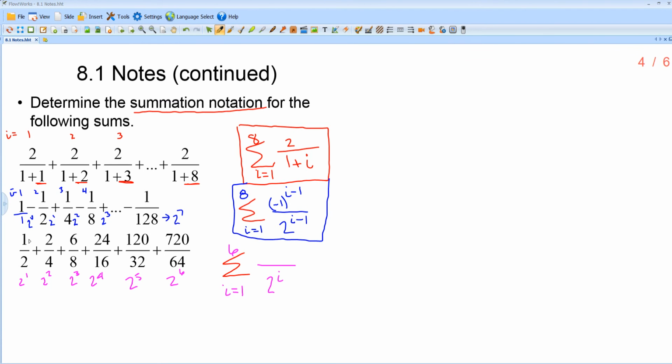So 1 is 1 factorial. 2 is 2 factorial. 6 is 3 factorial, because in 3 factorial, what I'm doing is 3 times 2 times 1, which is 6. Now this is 4 factorial, because I take that 6 and multiply it by 4. This is 5 factorial.